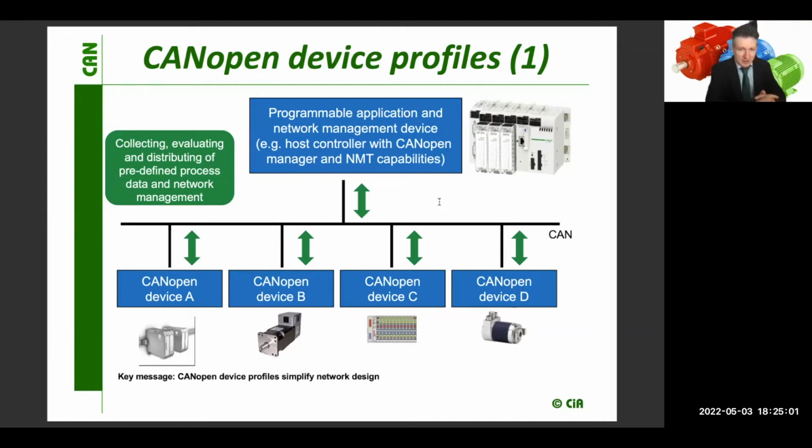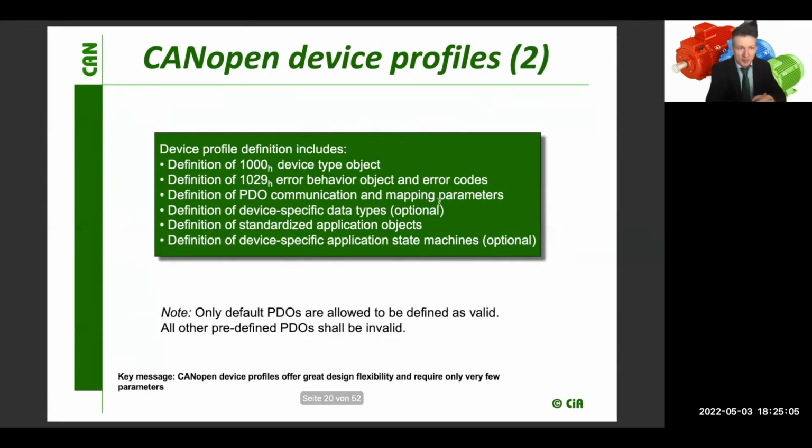There is also another point: the device profile has certain key features allowing you to get more into details and to get to know what is this all about, what is this device I'm purchasing.